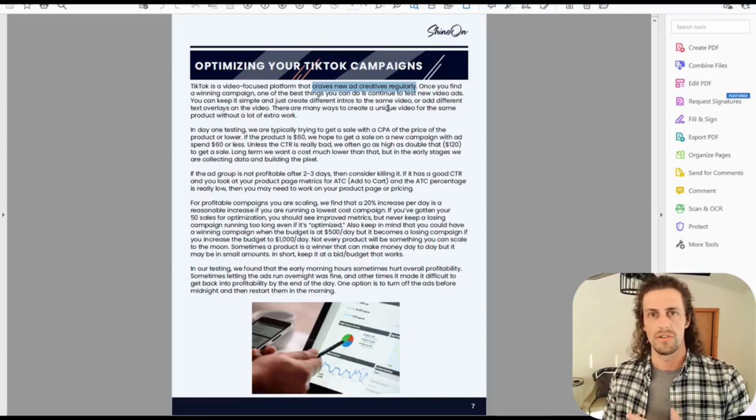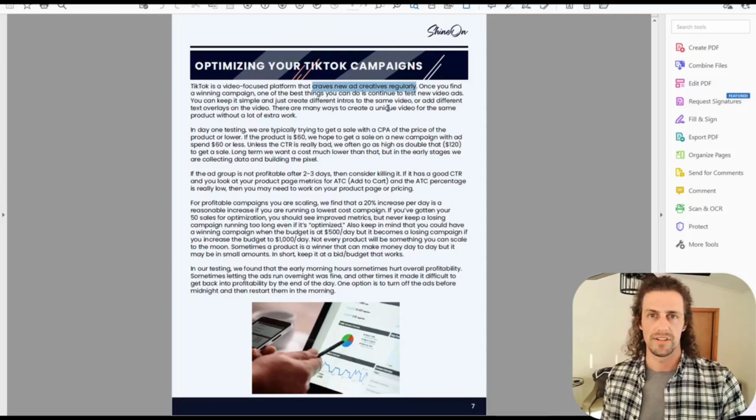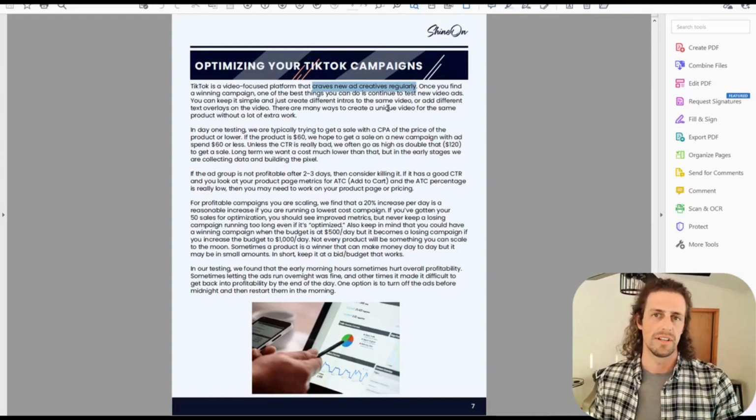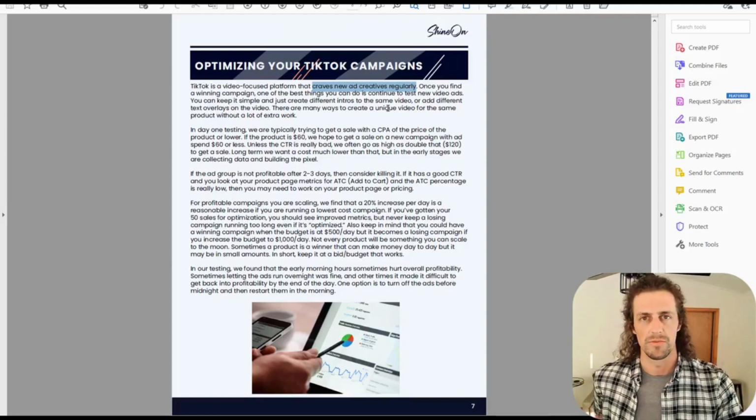It can be the same overall video, but maybe you just change out the hook or the angle that you take on the front end, or something different at the beginning that's interesting, or you change the overlay text. Maybe it says one thing in the first ad that worked, but then you change it out with another overlay text to get attention, and maybe find one works better than the other. So just simple things like that can help you create multiple versions of essentially the same ad.